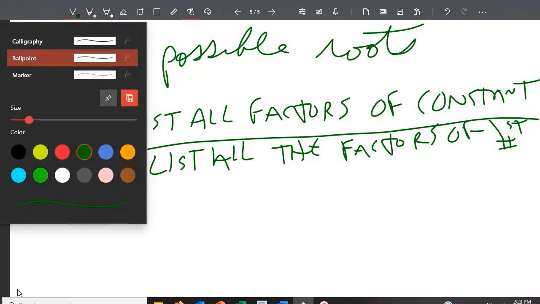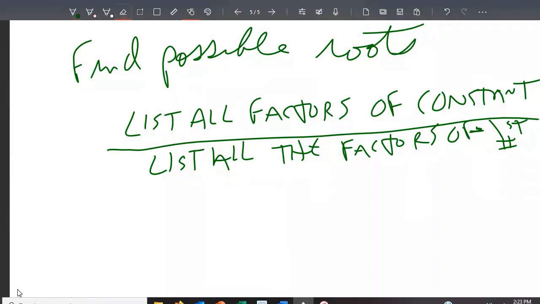So you have to create a list based on the factors of the first number and the factors of the last number.